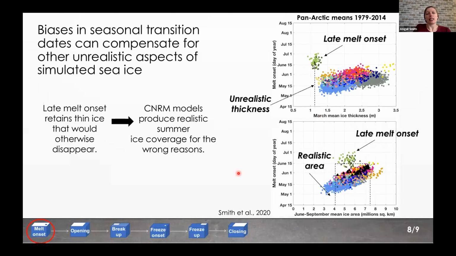So this leads us to believe that the late melt onset dates in the models are actually retaining thin ice that would otherwise disappear over the summer, and in turn producing realistic summer ice coverage for the wrong reasons. So this shows us how biases in seasonal transition dates can actually compensate for and obscure other unrealistic aspects of the simulated sea ice.